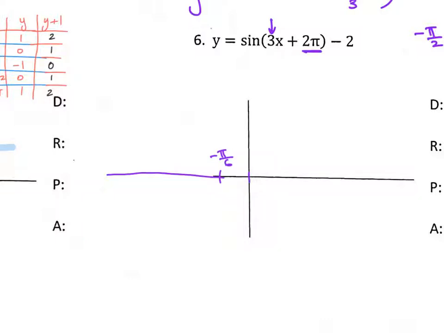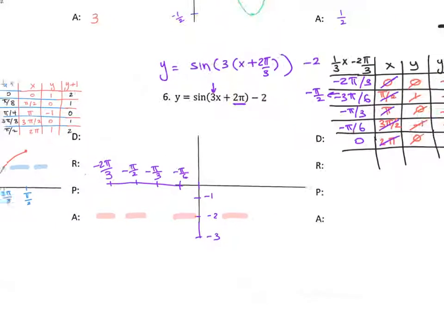Since it's going to be shifted down 2, that's why I'm putting the angles on the top, so I will have a clearer graph. -5 pi over 3, -5 pi over 2, and then -2 pi over 3. So -1, -2, and -3. The midline is going to be at -2. Keep that in mind. Okay, so let's figure out what the points are.